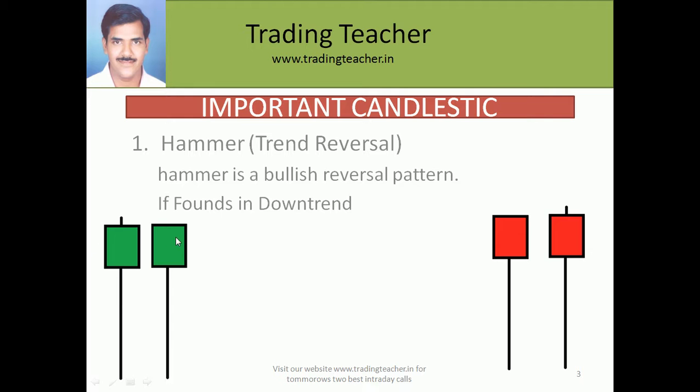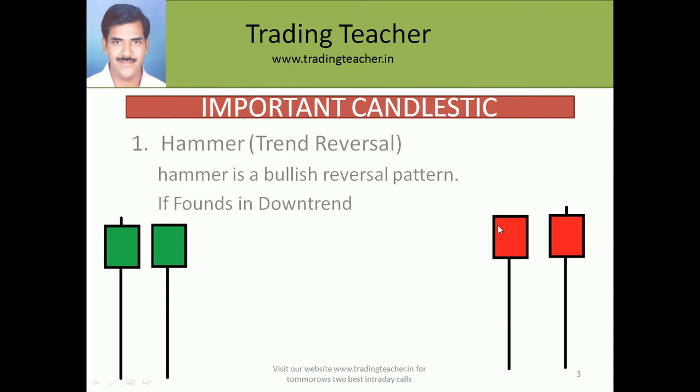But some people think that if the hammer found in a downtrend is green, the market may go into an uptrend, meaning the current downtrend is changing and the uptrend will start here.